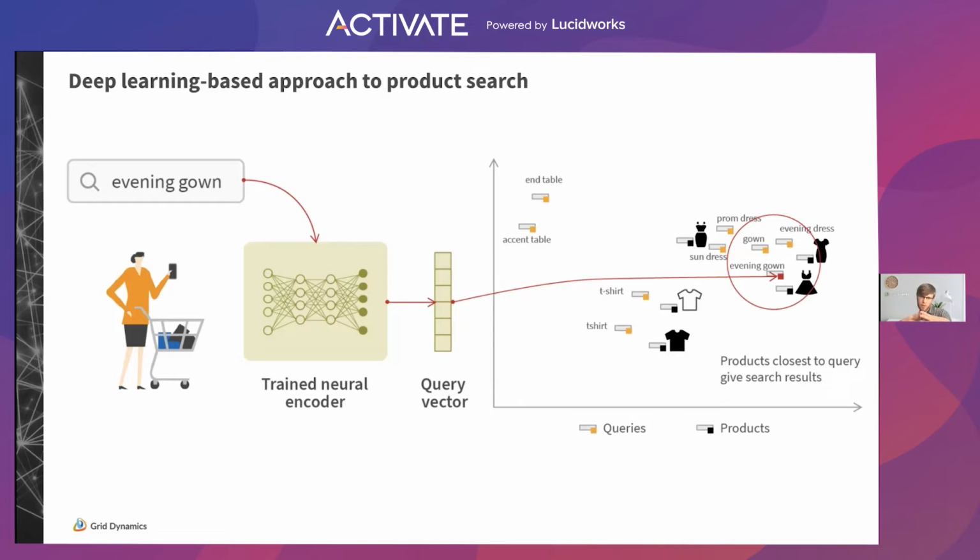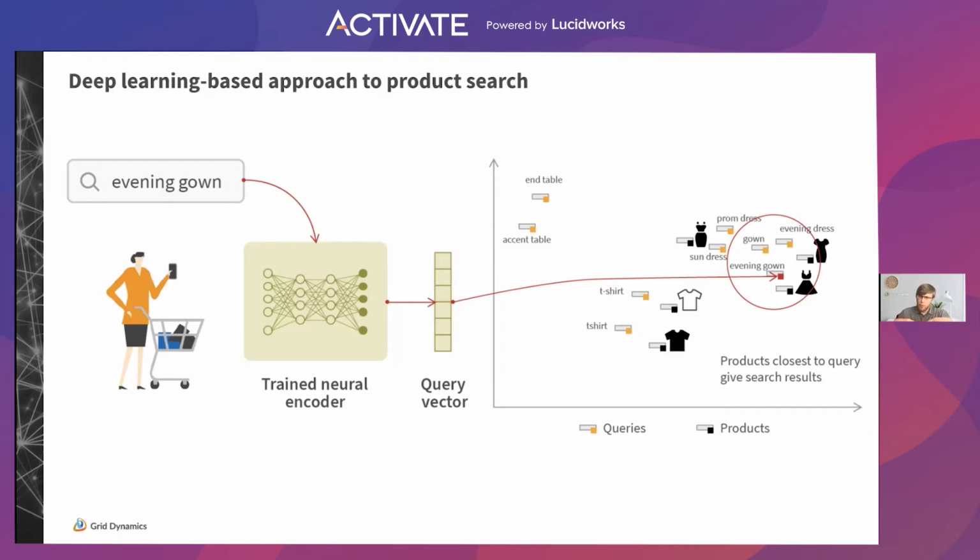And this special network can input search queries and the product descriptions and place them all together into the big multidimensional space. And the specialty for this network is that the products which will be neighbors to each other will be similar to each other. And the neighbors of the search query will get the relevant product itself.